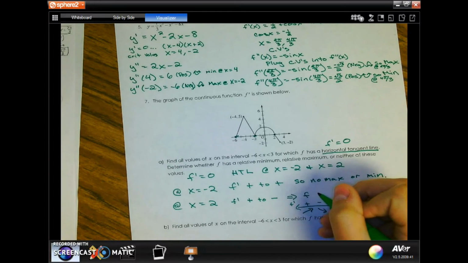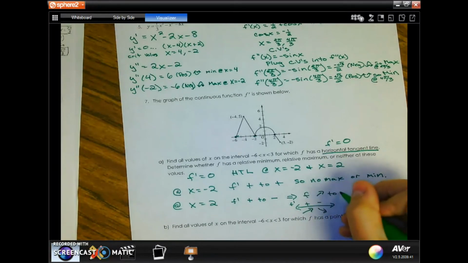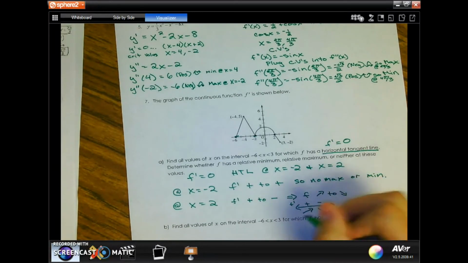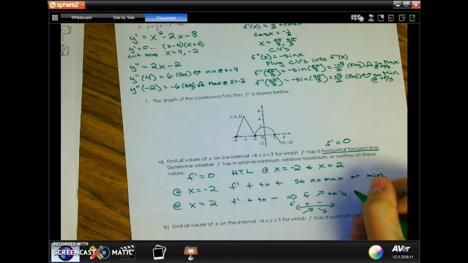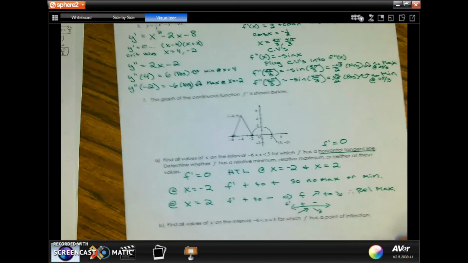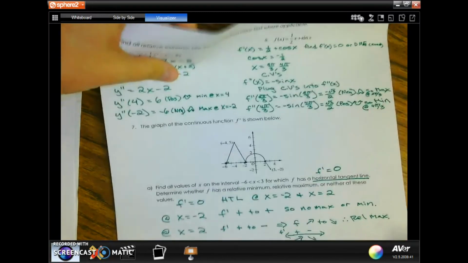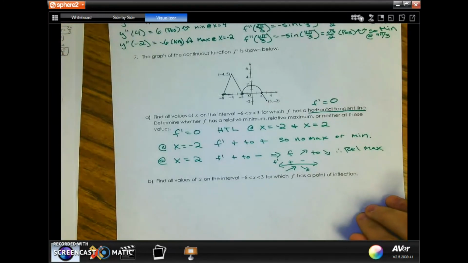So that tells you that f goes from increasing to decreasing, and if you go from increasing to decreasing, that means there is a relative maximum there. Perfect.